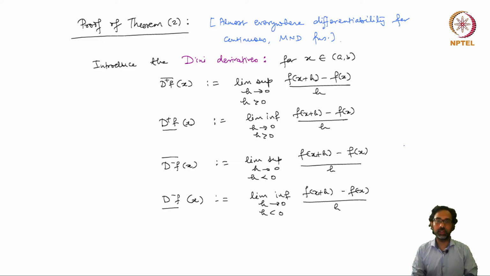So let's begin the proof of theorem 2 about almost everywhere differentiability for continuous monotonically non-decreasing functions. And for this we introduce what are called the Dini derivatives.